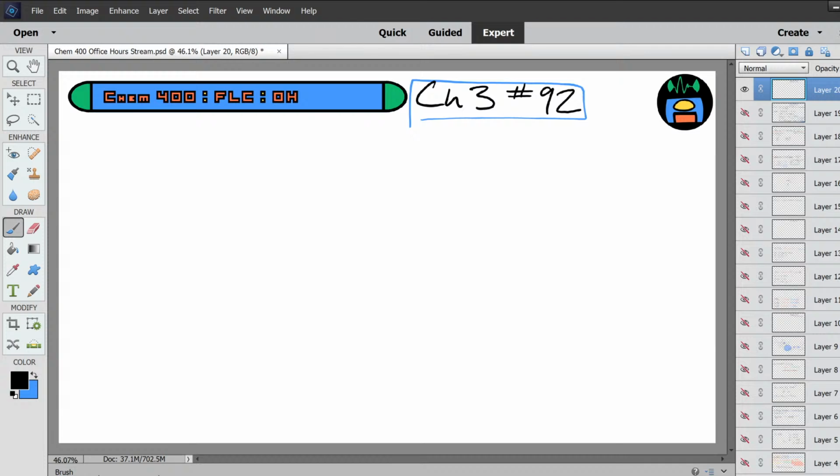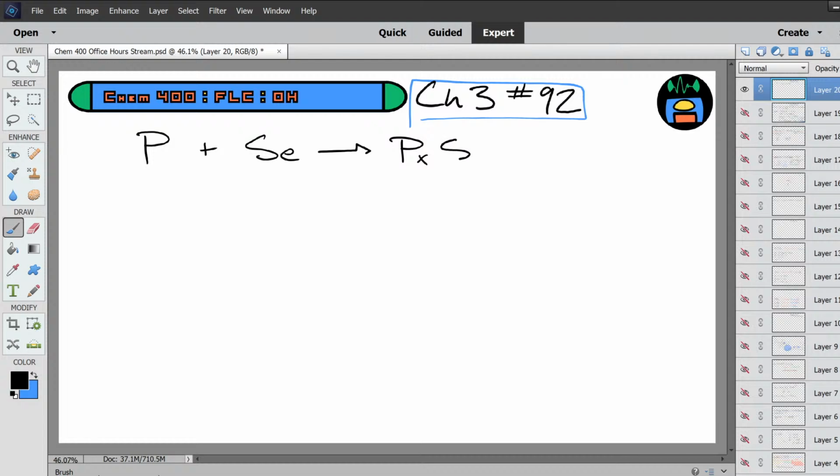First, we're told that we have a reaction between phosphorus and selenium to form some sort of phosphorus selenide.